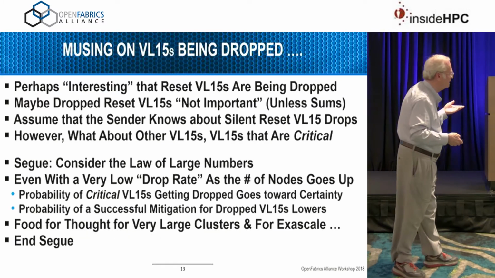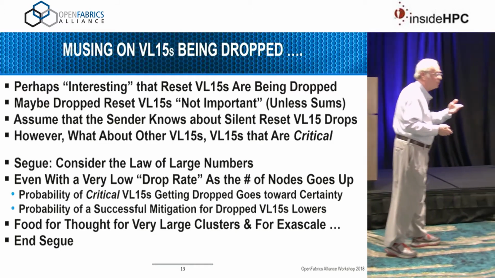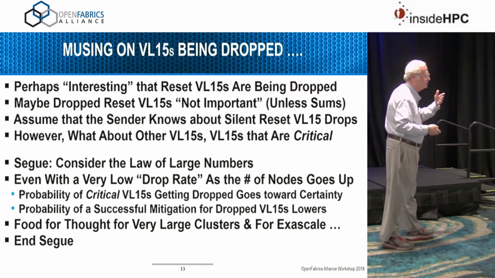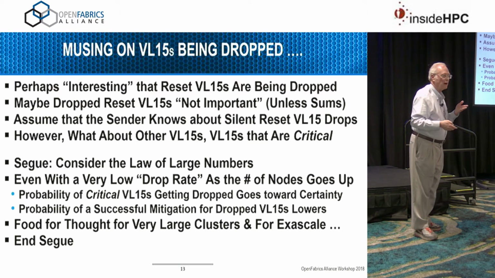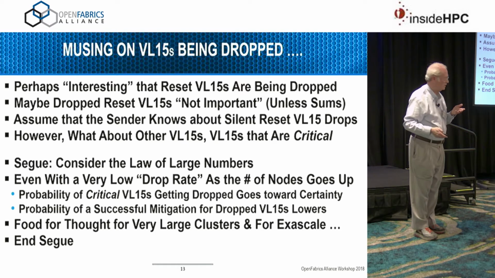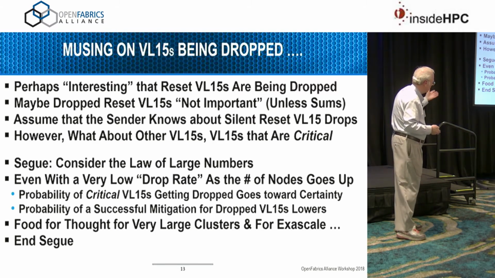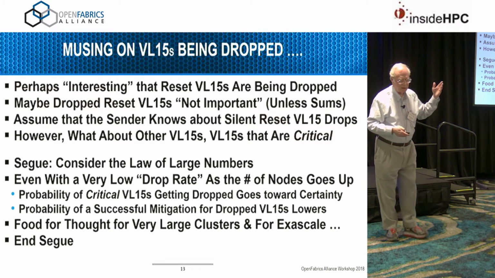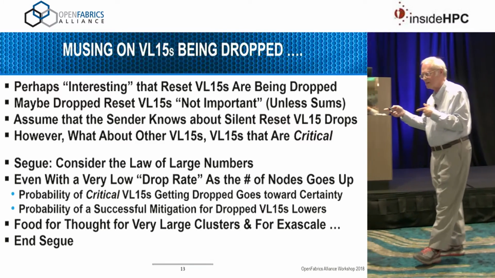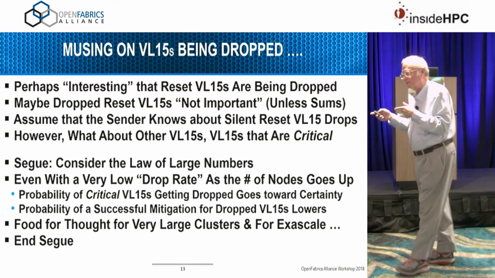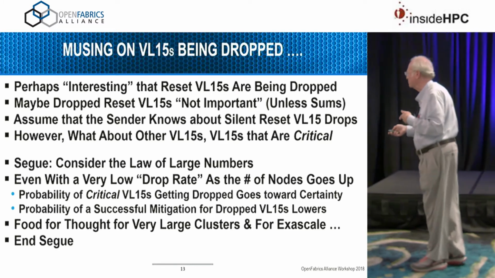It may not be as rigorous as the port transmit wait or port transmit discard, but it's something that you might want to seriously think about cleaning up. As we get larger and larger clusters, subtle indicators like the dropped reset might be something that grows to be more and more important to look at and cure.